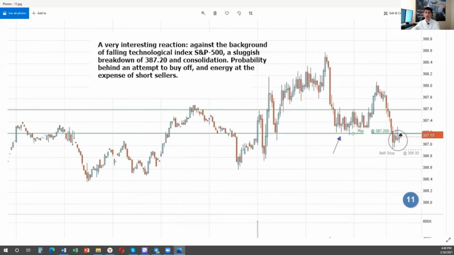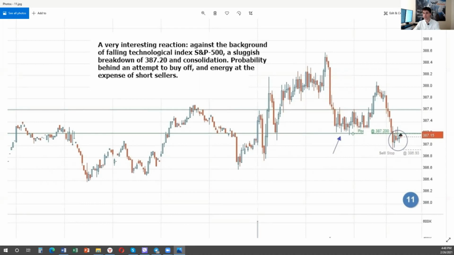Picture 11. But what happens at this moment on the 1-minute chart of the S&P 500? The instrument, following the tech index, breaks through 387.20, but below the impulse does not pass, even despite the continuing pressure in the tech indexes.